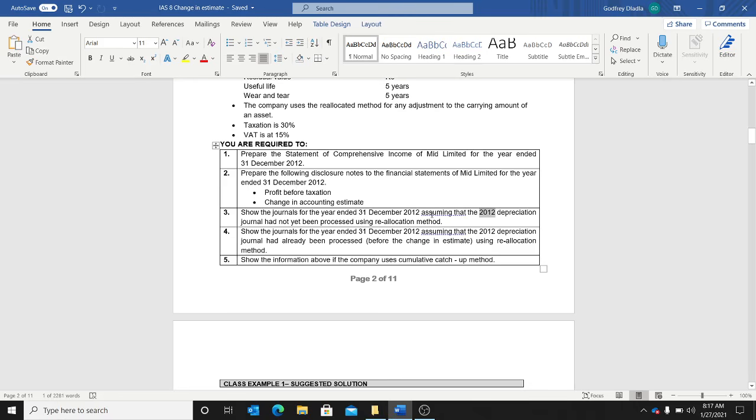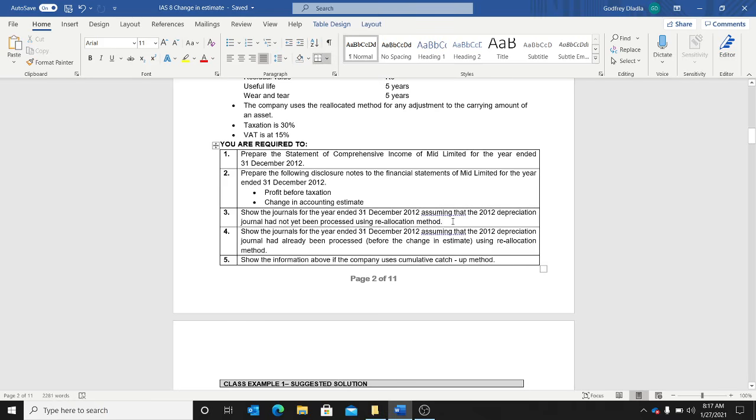So we can't be answering something in future whilst we don't have the information that relates to it. So you'll see it says 31 December 2012 here. They are saying show the journal entries for the end of that year, assuming that the 2012 journals had not yet been processed. So they have not yet been processed.